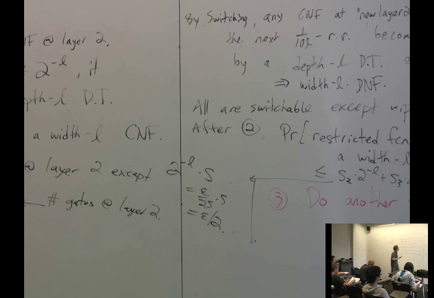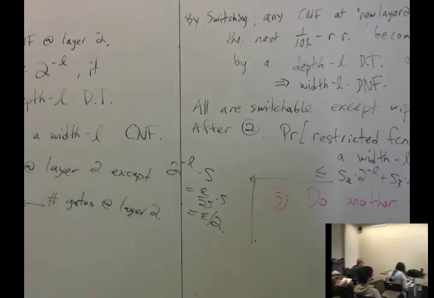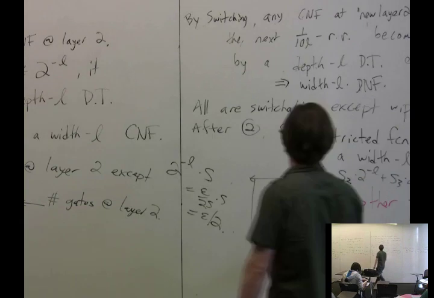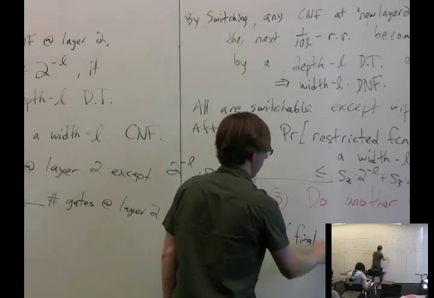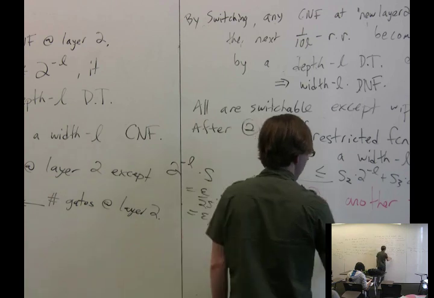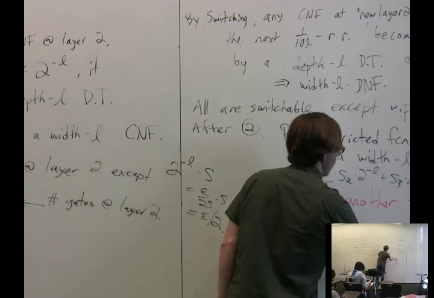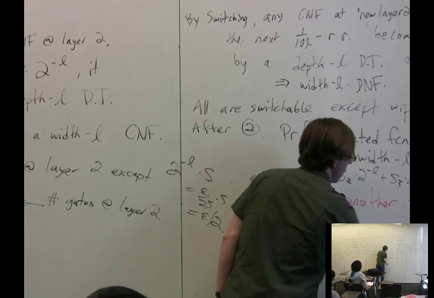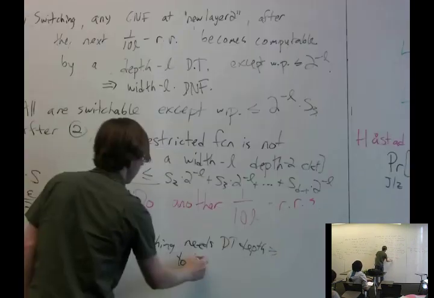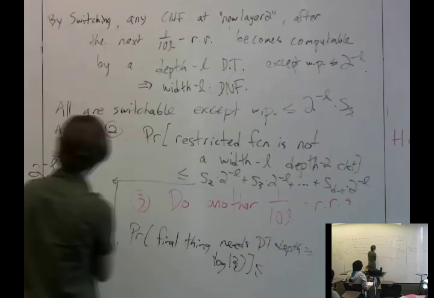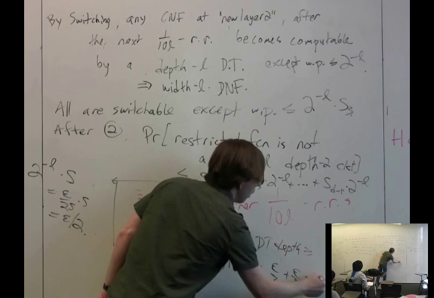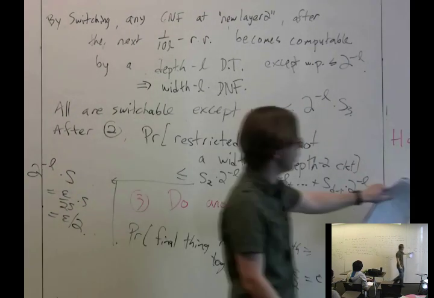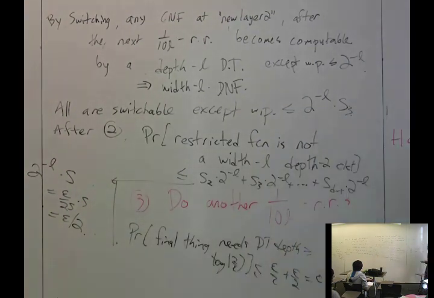Okay, so in the final step, this is our delta, and our K is log 2 over epsilon, so the probability that the final thing needs decision tree depth more than log 2 over epsilon is at most this epsilon over 2 plus the epsilon over 2 for our very last switch. That's it.